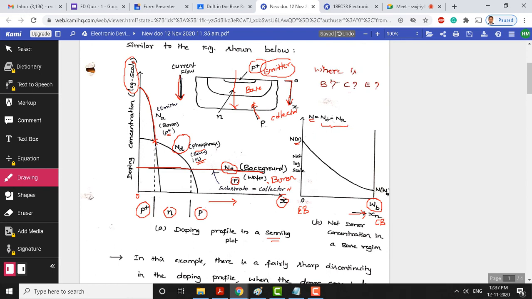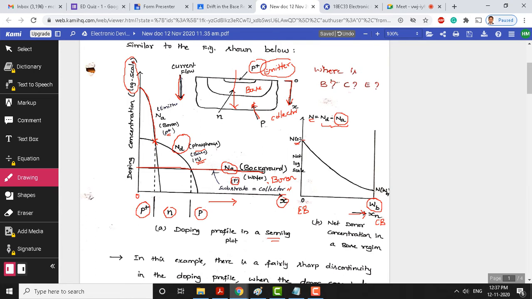Therefore, Nd is going to be large in this region. So the value of N is going to be large, because the second component, Na, is going to be small when you are towards the emitter base junction.